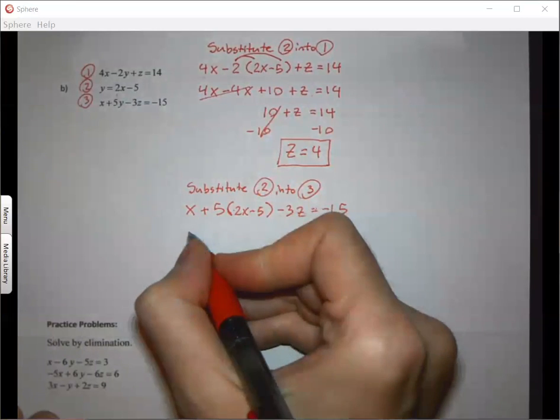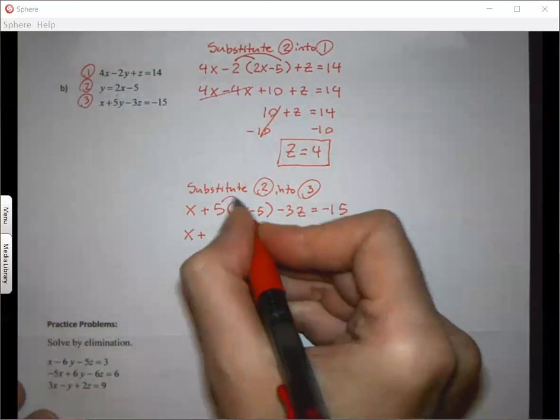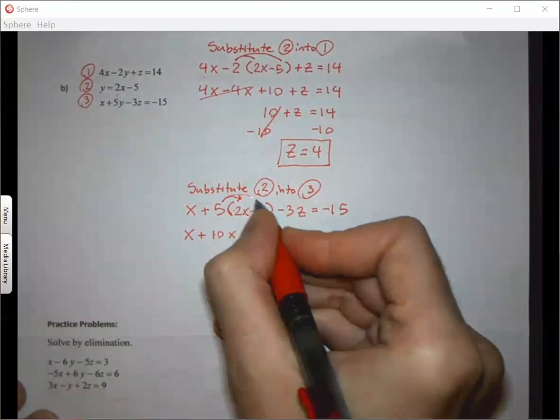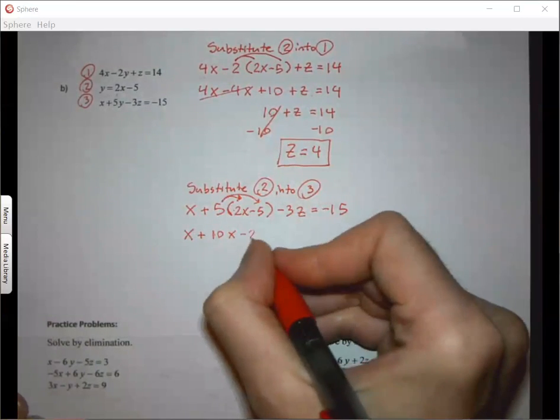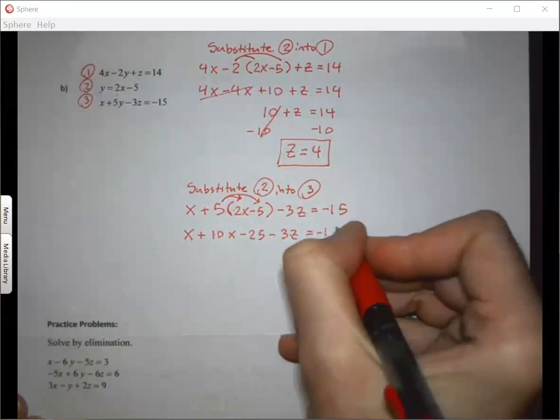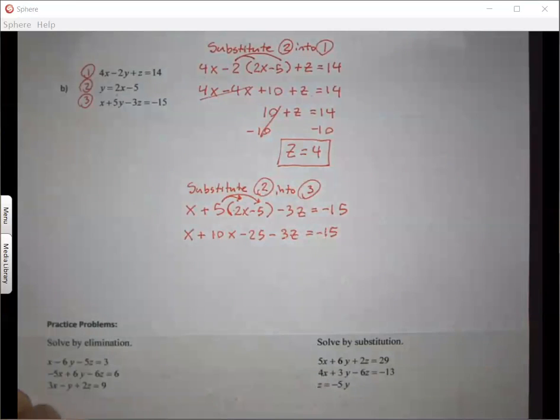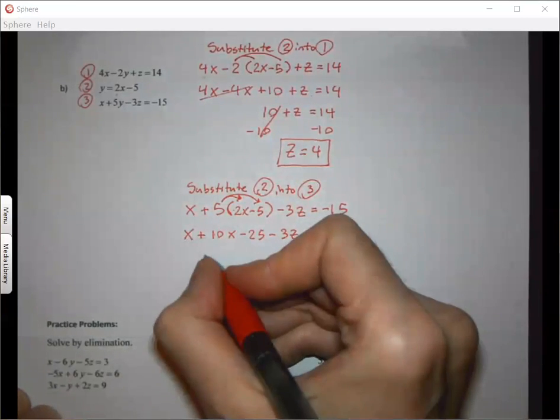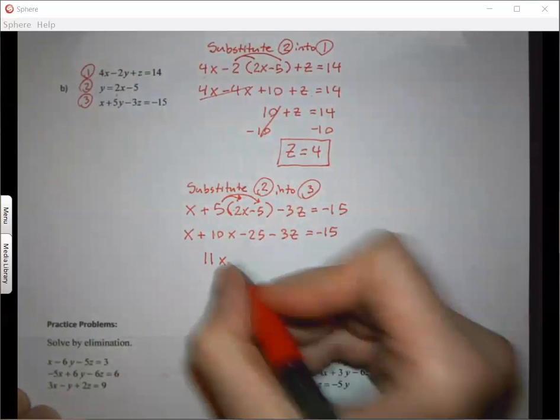So let's simplify. x plus distribute. 5 times 2x is 10x. 5 times -5 is -25, minus 3z. Combine like terms. x plus 10x is 11x.